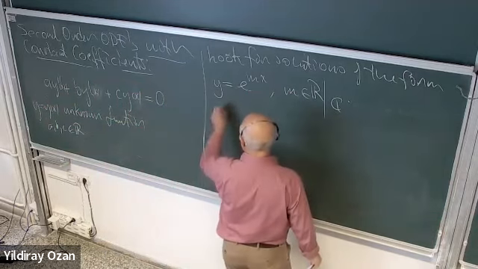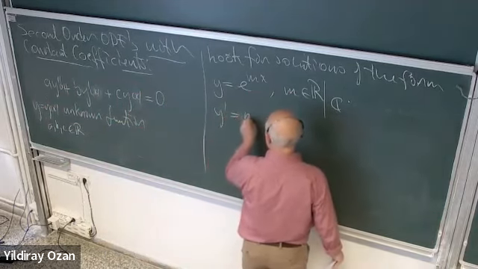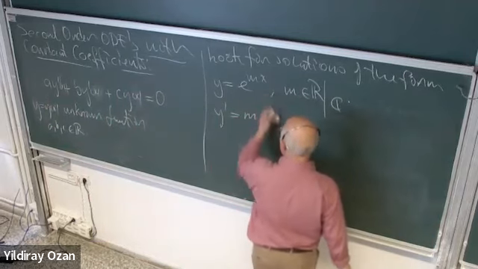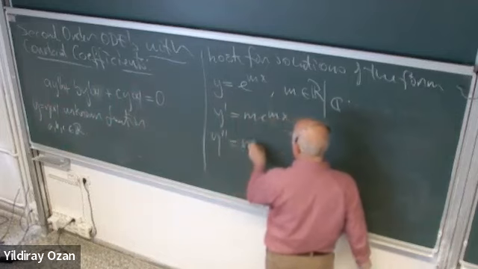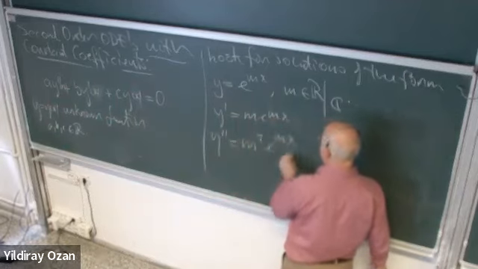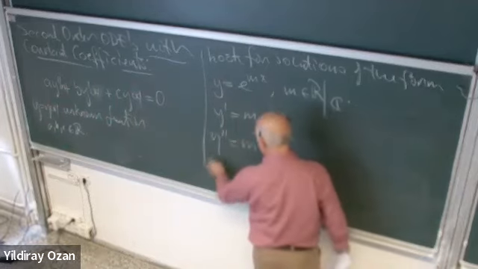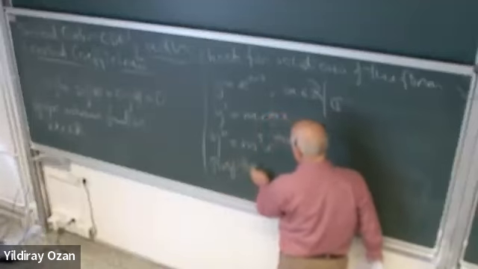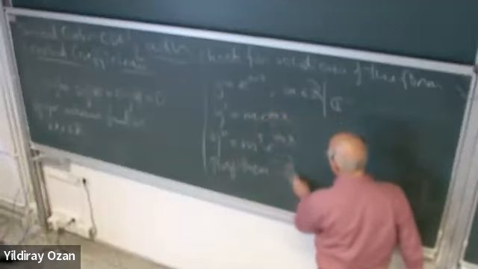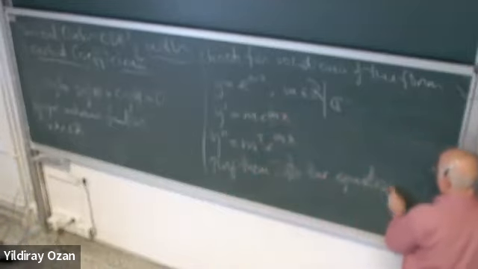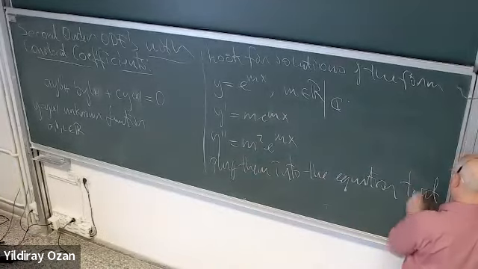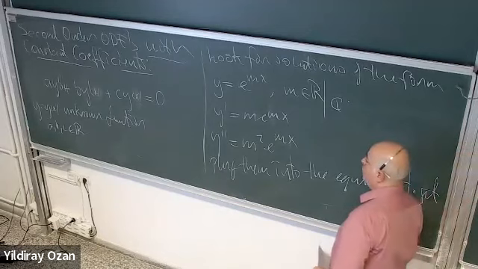So you just take its derivatives, m squared e to the power mx, and then plug them into the equation to get what we will get.